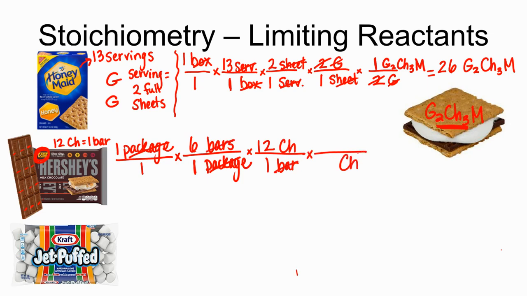And I know from CHs how to make my s'mores: 1 s'more needs 3 of those chocolate pieces. And so I'm going to be able to make 24 G2CH3M, or s'mores, from the chocolate.